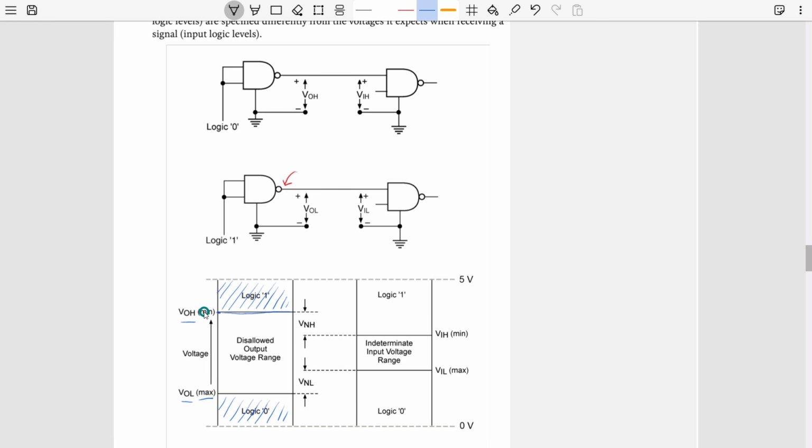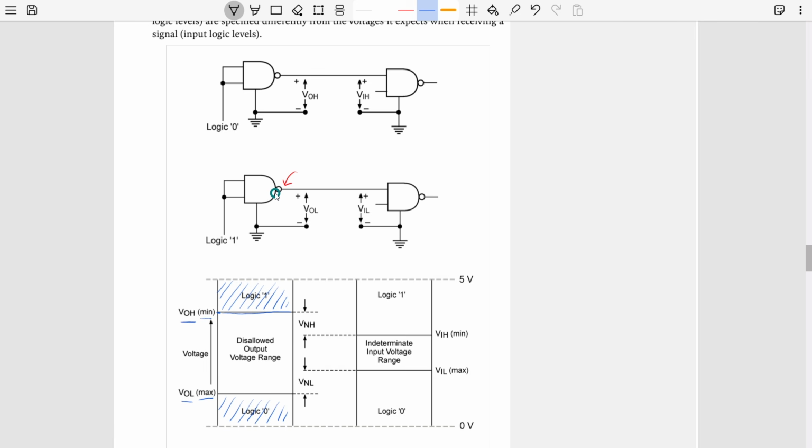And because this is the minimum permissible voltage, we also add a minimum in the bracket, right? Sometimes you will see this minimum is here, sometimes it's not, but this is the actual term. And these are the rules this particular gate must follow.